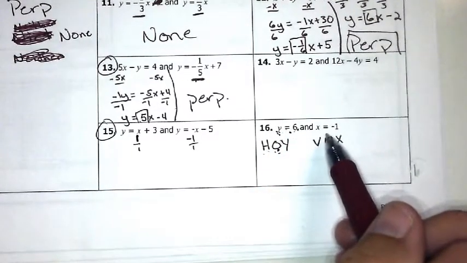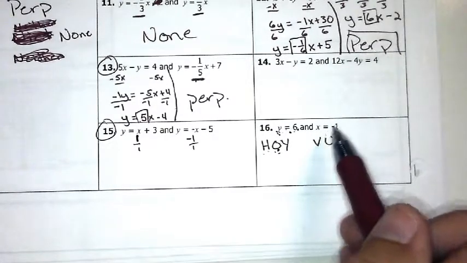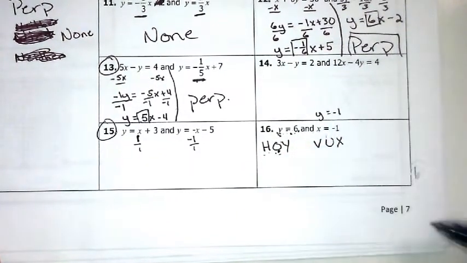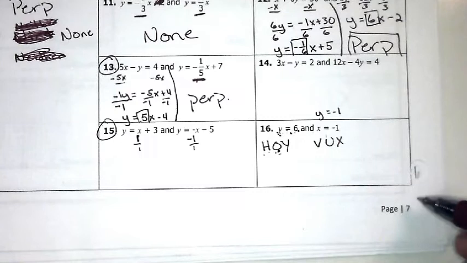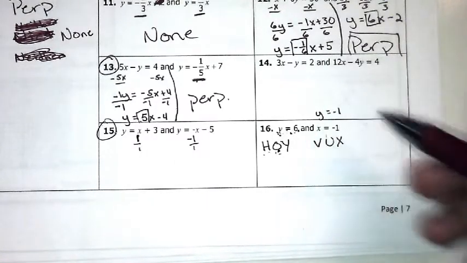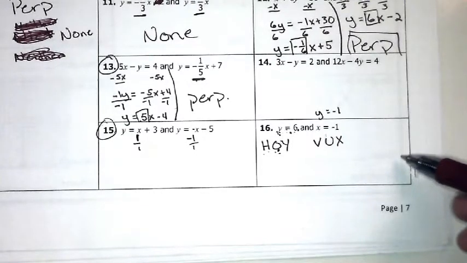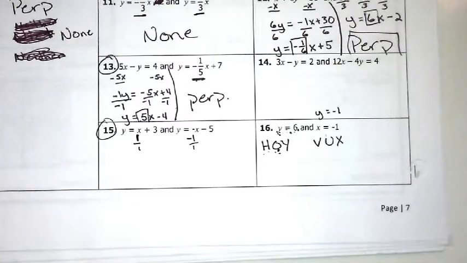I can't have y equals 6 and then this one also be y equals negative 1. Because what would they actually be? Y'all are saying every single word but the one word you need to say.